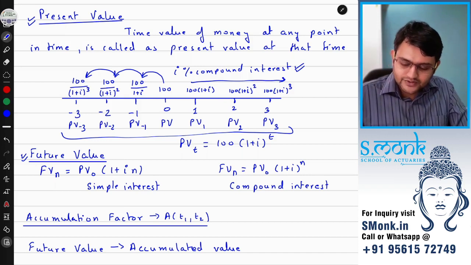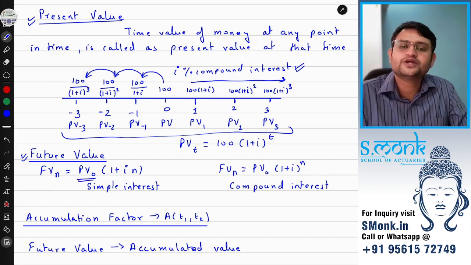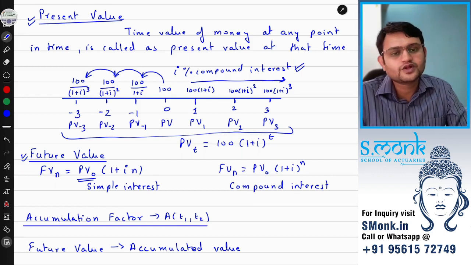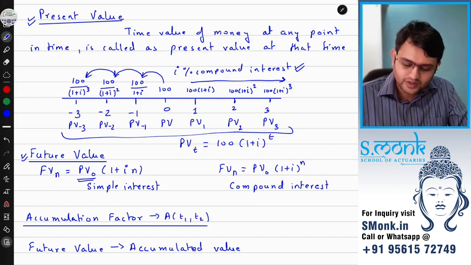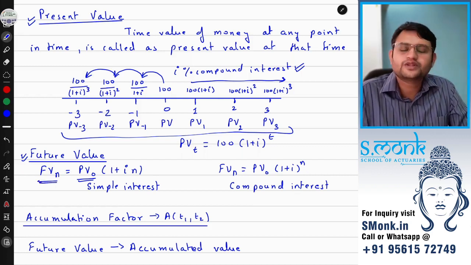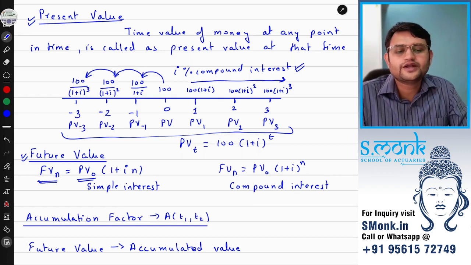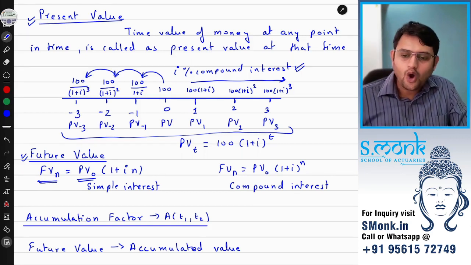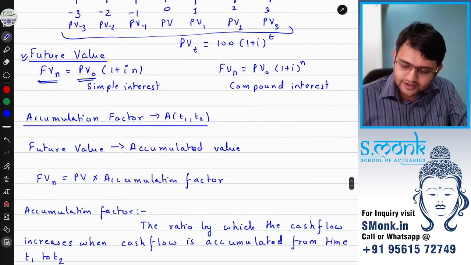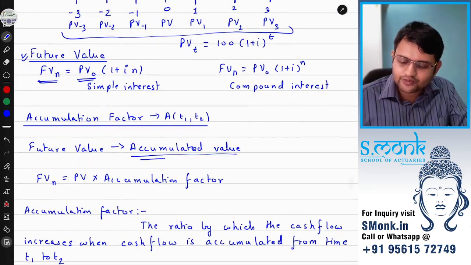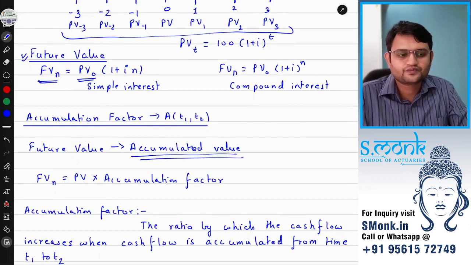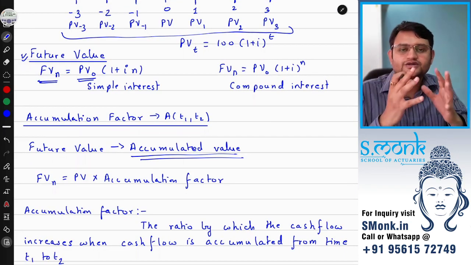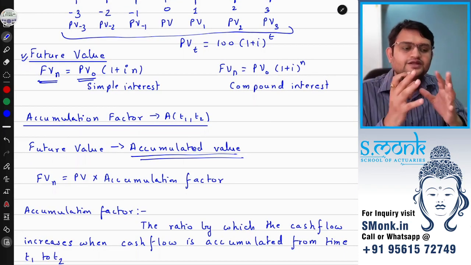So we'll have two values. The amount invested, that we usually used to call principal, now we'll call present value. And the amount that we'll receive in the future, we'll call future value, or another term that we are going to use is accumulated value. The term accumulation just means gathered. So how much value have we gathered in the future?